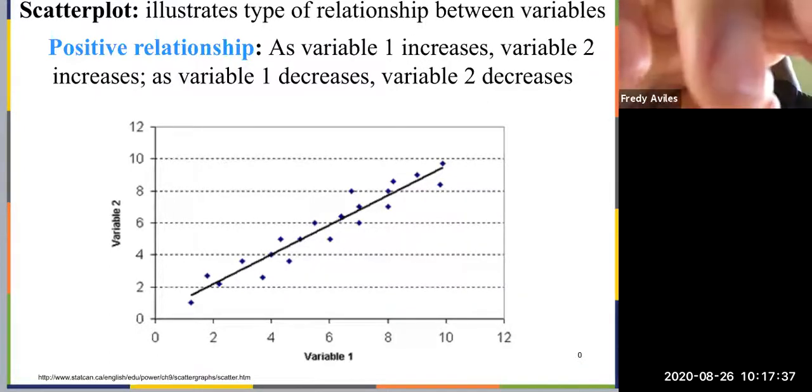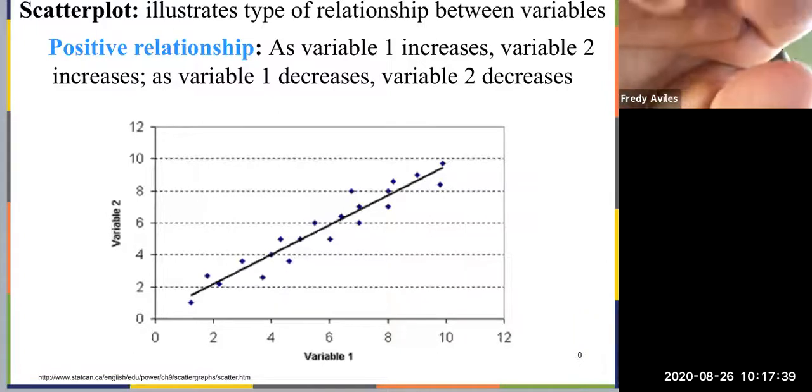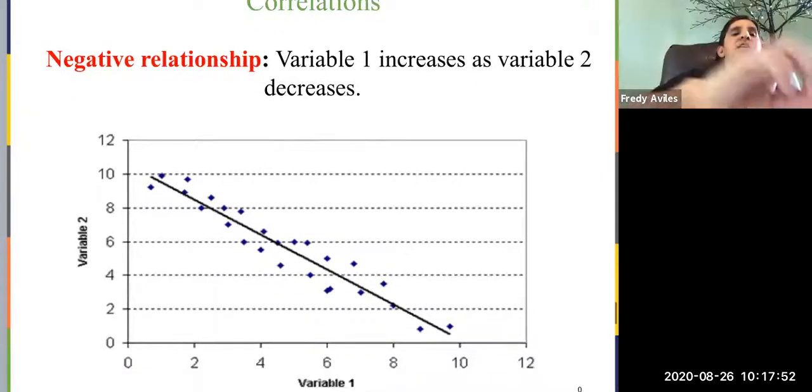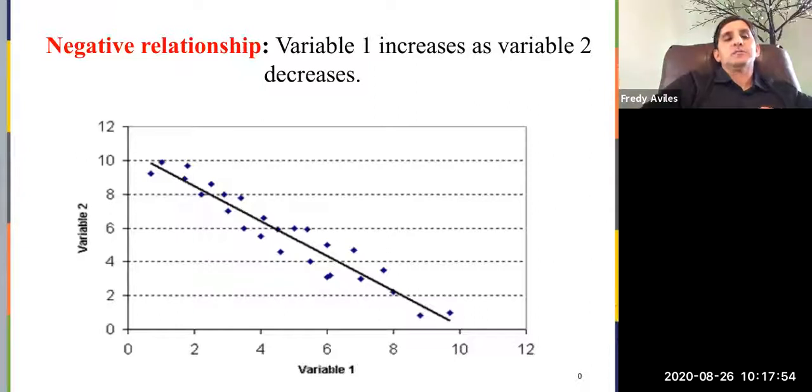Now, a negative relationship. With a negative relationship, if one variable is up, the other one is down. If one number is high, the other one is low, okay? So with a negative relationship, the variables move in the opposite direction. So you can see over here with a negative relationship, when you plot the points, they form a graph that looks like this.